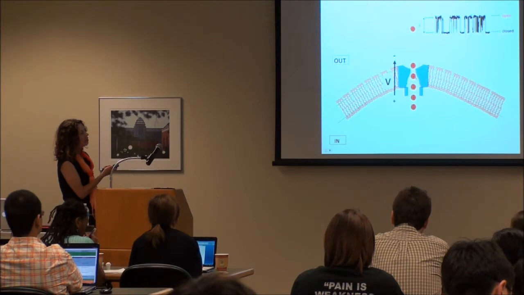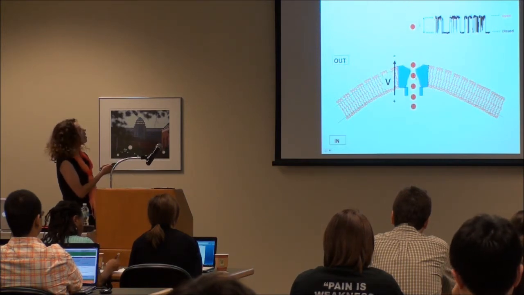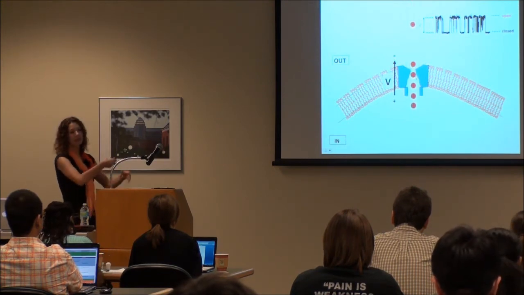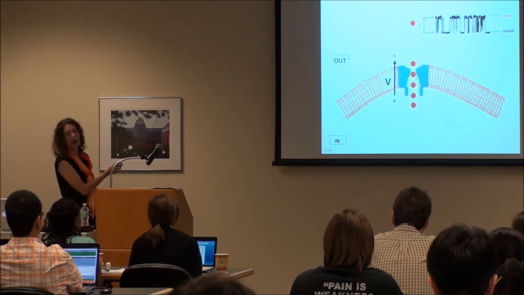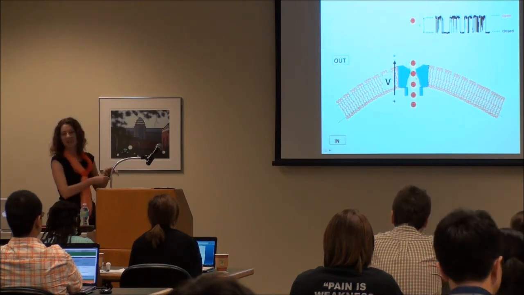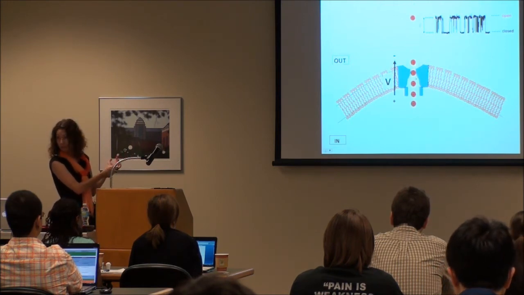So when the channel is closed, your current is zero. This is the zero current level. When the channel opens, you get an instantaneous transition to the open current level, which is whatever picoamp value. Let's say it's 2 picoamps. So this current is basically a single channel current. You can see openings and closings, right? You can see the breathing of the single molecule in real time, because you're recording it.